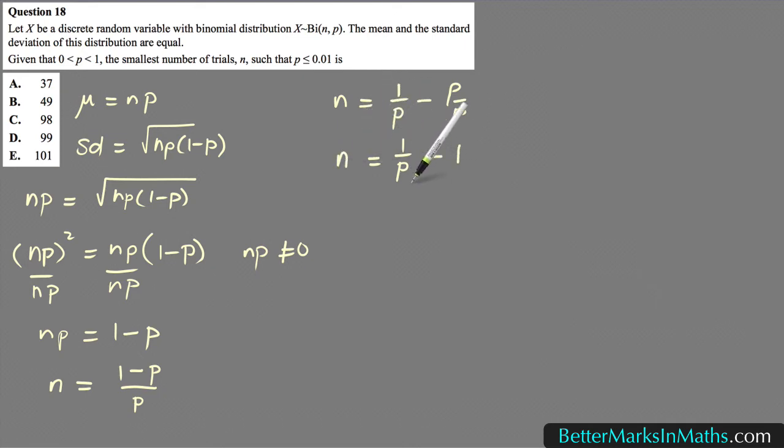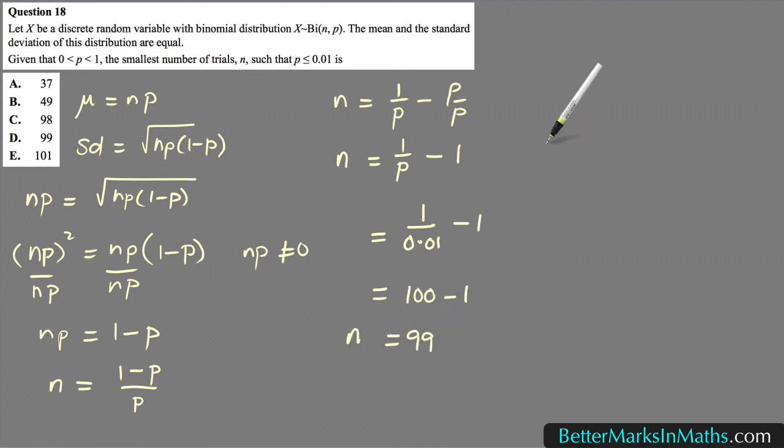So now they've told you that p must be less than or equal to 0.01. So if you let p equal 0.01, put that value in, 1 divided by 0.01 is 100. 100 minus 1 is equal to 99.